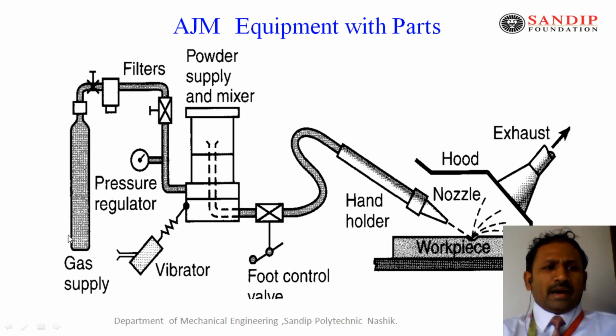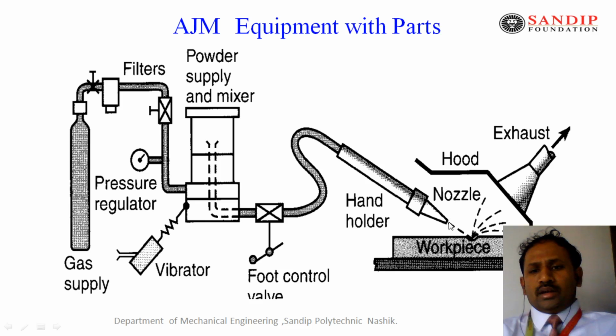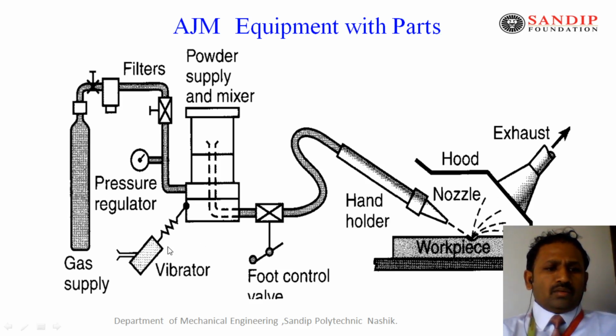Then a valve, then a filter, then again a valve, then a pressure regulator, then a vibrator is provided here, then the powder supply and mixture, then the foot control valve, then a hose that is connected to the nozzle, here the workpiece, and then a hood is provided, and then an exhaust. Now I will explain briefly one by one.